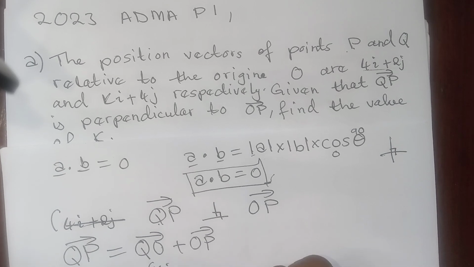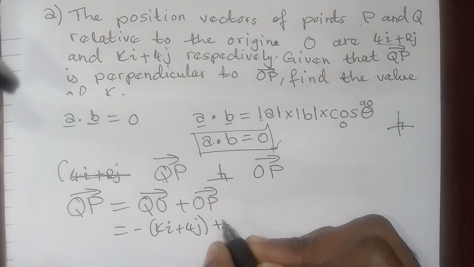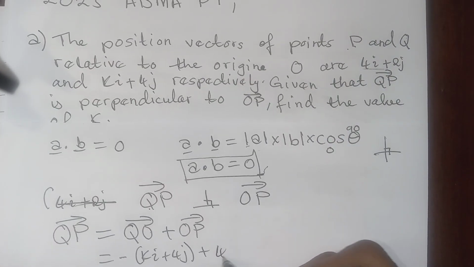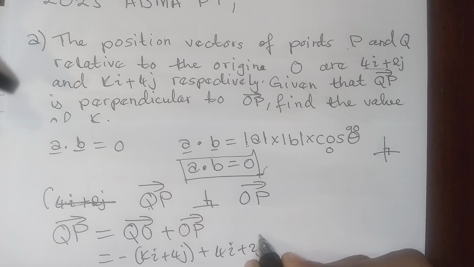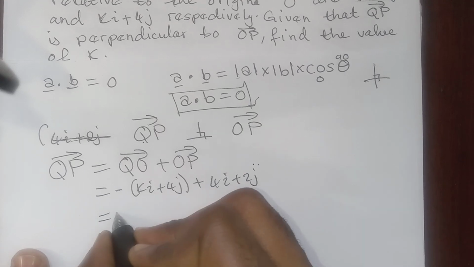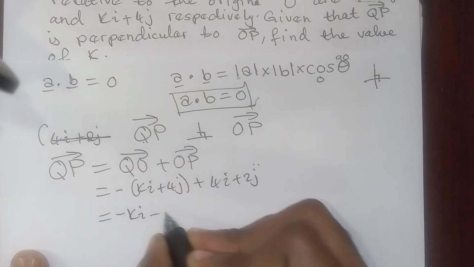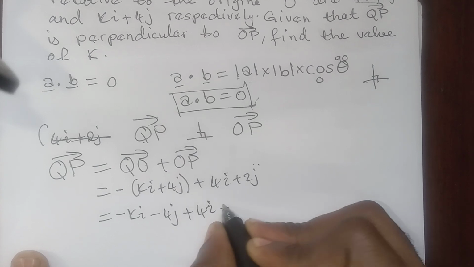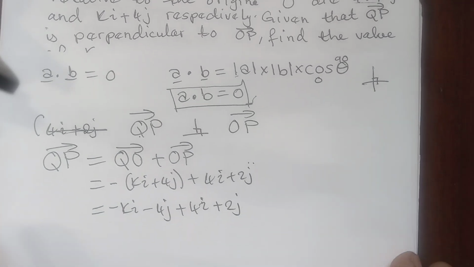So -(ki + 4j), and then plus our OP, which is 4i + 2j. Now we can simplify this. This will be -ki - 4j + 4i + 2j.